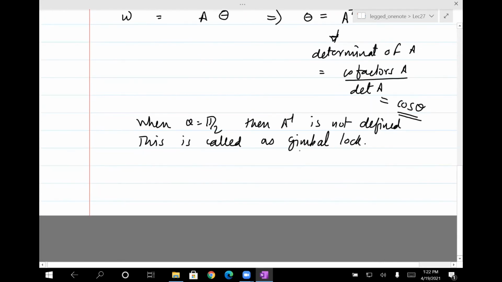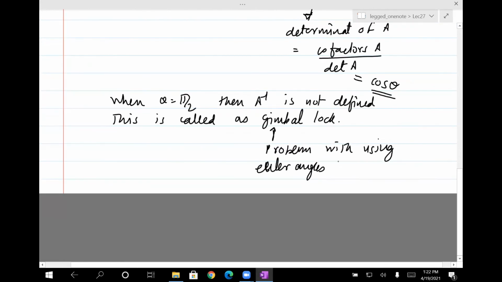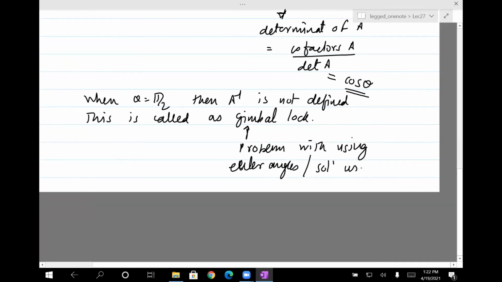It's a problem with using Euler angles. The solution is to use quaternions, and if you use quaternions, you don't have to worry.